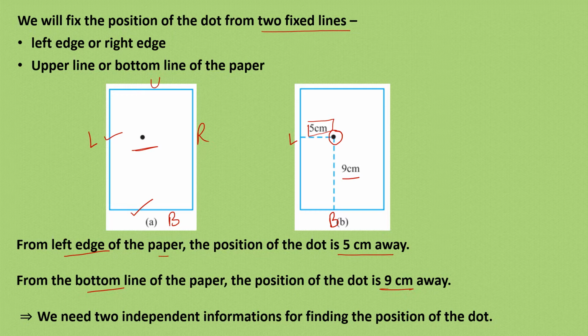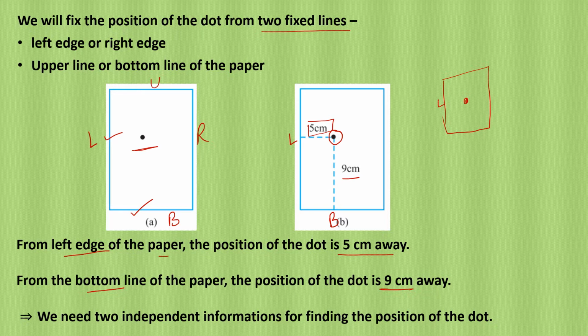Now, suppose we are not taking the bottom line, we are considering only the left line. So, can we fix the position of the dot by saying that this dot is at a distance of 5 centimeter from the left line? If I say like this, suppose this is the paper and this is the dot, and I am saying this dot is at a distance of 5 centimeter from this left edge.